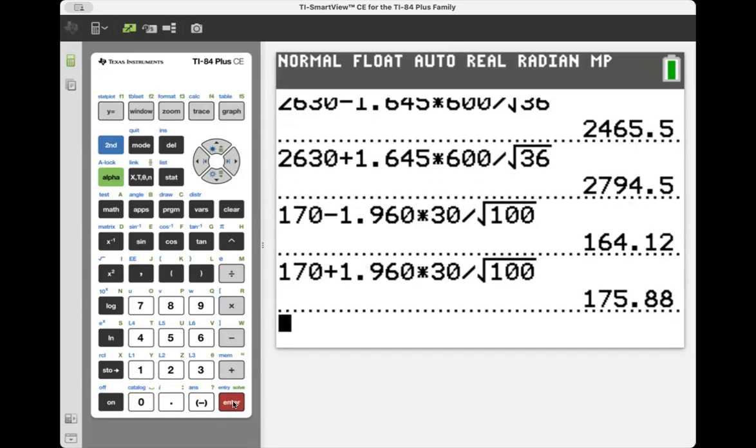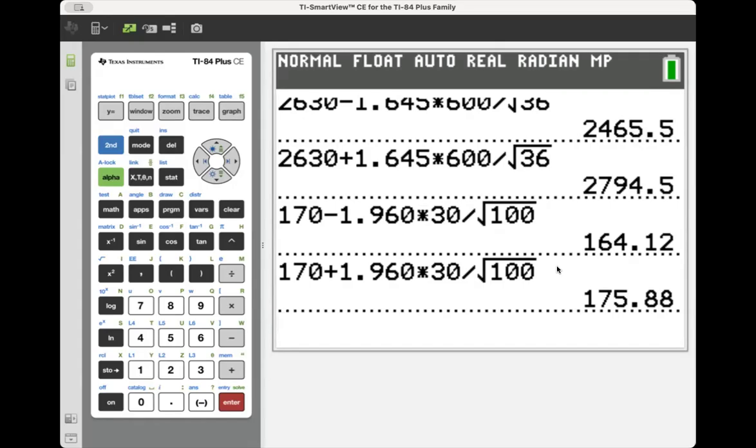Okay, now this is measuring months. This is months that these monitors can work before needing to be recalibrated. So the range of months is from 164.12 to 175.88. Now, while I'm here, I'm also going to calculate the margin of error.